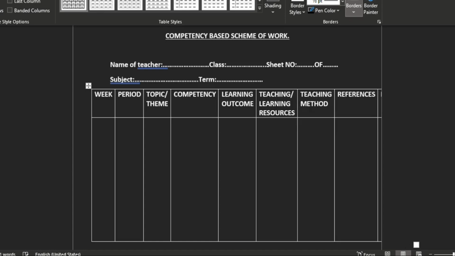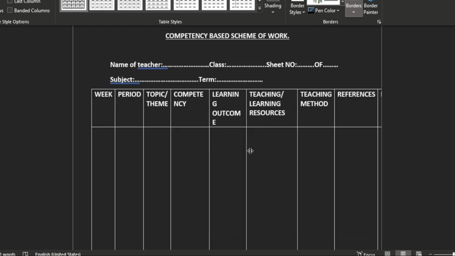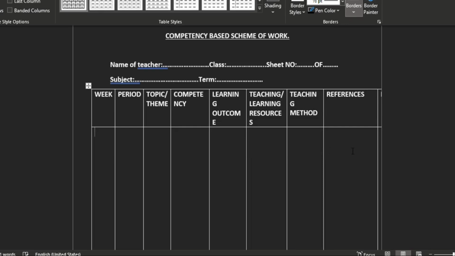And then the learning outcome. Learning outcomes are what learners should be able to understand or to do after you have finished teaching the topic, the things that they have learned. All these things are in the new syllabus, the syllabus guide.